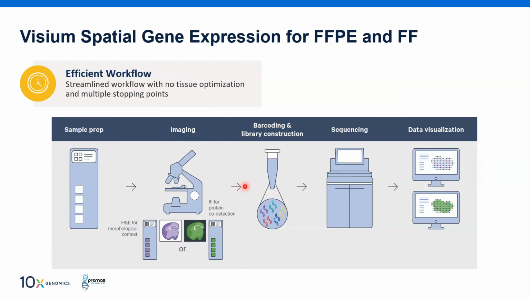Then you will follow steps to capture the RNA from these tissue sections on the slide itself. And ultimately, you will be constructing the library that is going to be sequenced on an Illumina machine. And then once you analyze the data, you will be using the Loupe browser to visualize the data.